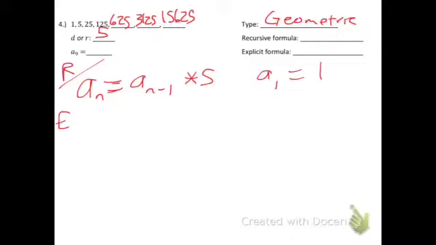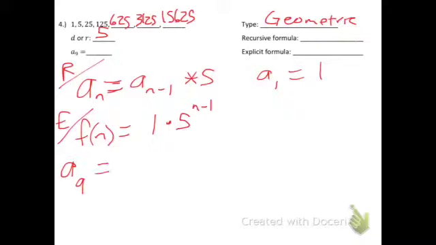And now I want the explicit function. I'm going to do f of n equals my initial value times my common ratio to the n minus 1 power, and that's done. Now we need to get a sub 9. You take 9 and you put it in for n right there. And so we got to do 9 minus 1, which is 8. 5 to the 8th power.